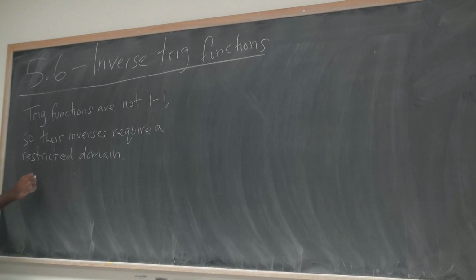So we looked at sine, for example. We looked at y equals sine x. Realized that this guy looked like that, went on forever. It failed the horizontal line test, meaning it was not one-to-one. So what we did was we cut off a piece of it. We cut off the part from minus pi over 2 to pi over 2, and we ignored the rest.